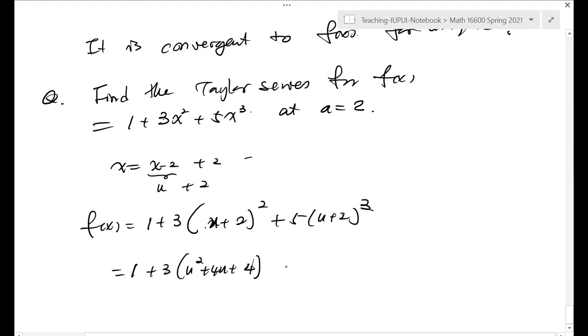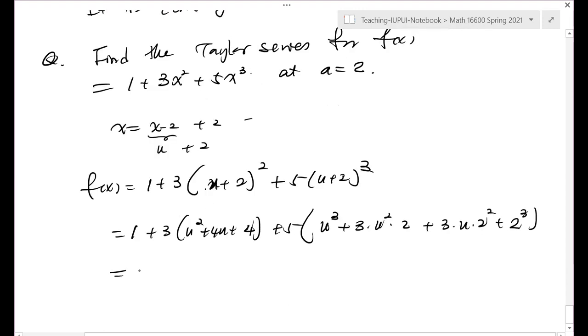And u plus 2 cubed, I remember the formula: u cubed plus 3 times u squared times 2, plus 3 times u times 2 squared, plus 2 cubed. Okay, let's multiply this out. 1 plus 3u squared, and 12u, and 12.